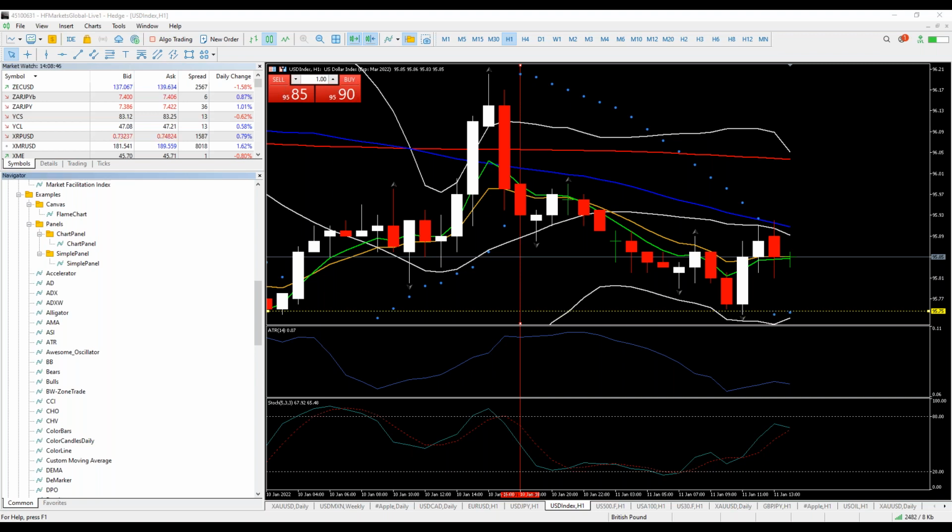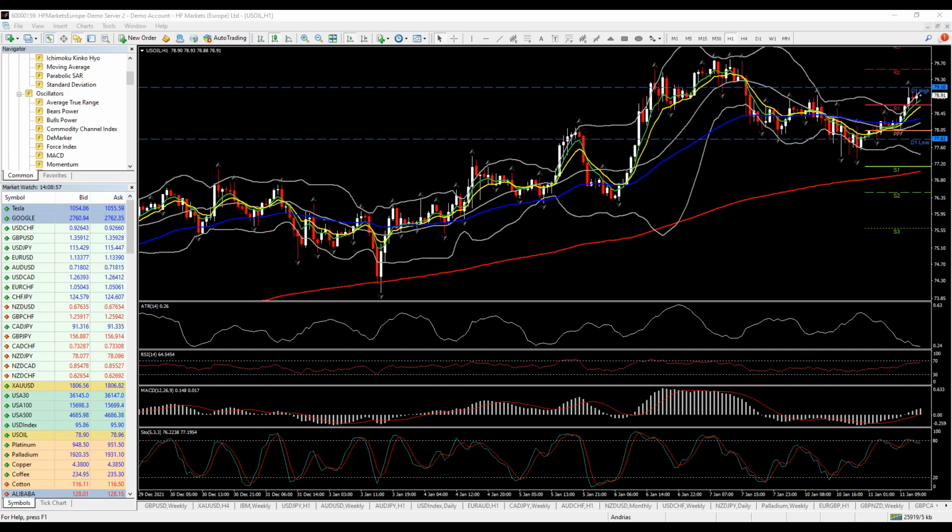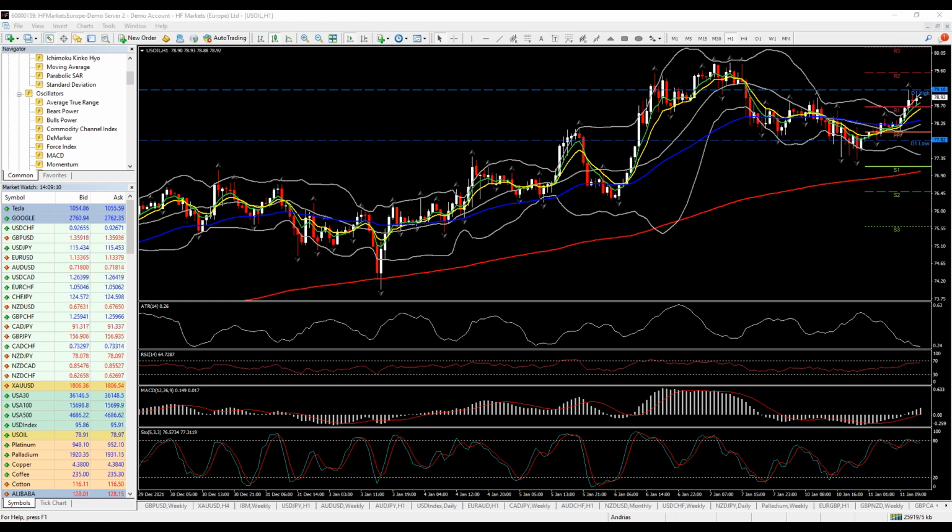So if I share, I think you can see it right now. These lines, S1, S2, S3, PP, R1, R2, are the pivot points that you can automatically get from the pivot point analysis that we offer for free.